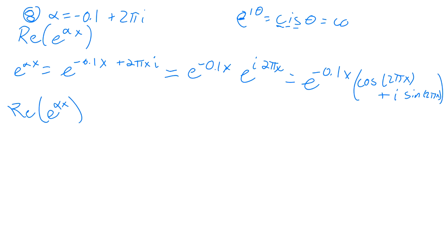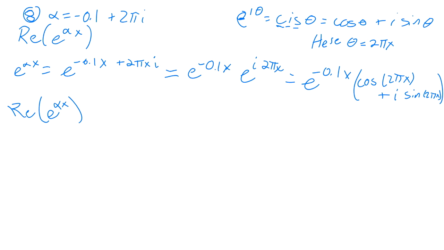So cosine theta plus i sine theta. So here we're saying theta is 2 pi x. That just happens to be what it is in this situation.